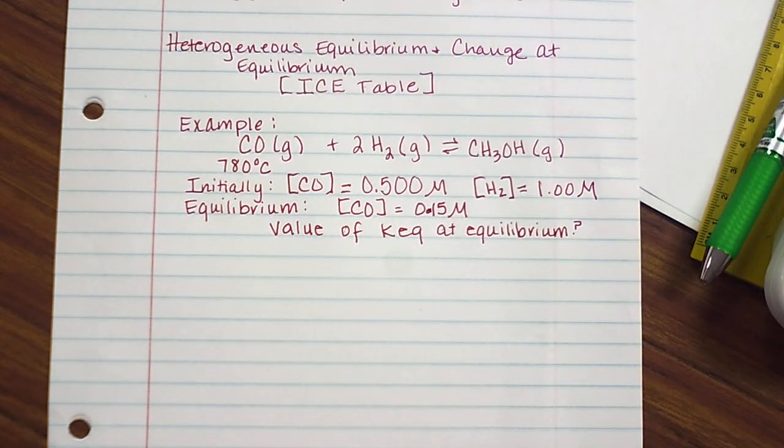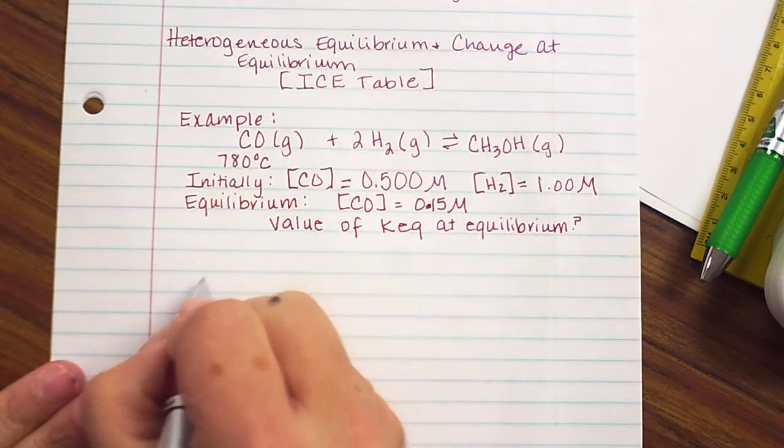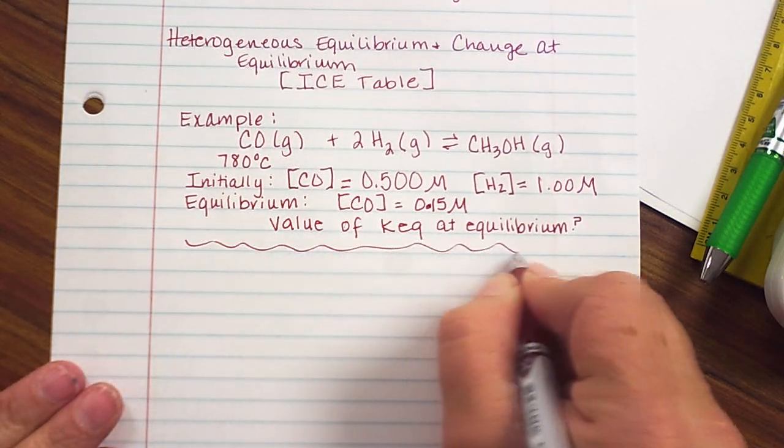So first, before we get involved in this, let's lay out what the KEQ is, so that we're sure of what the formula is that we're actually looking for. So this is the problem.